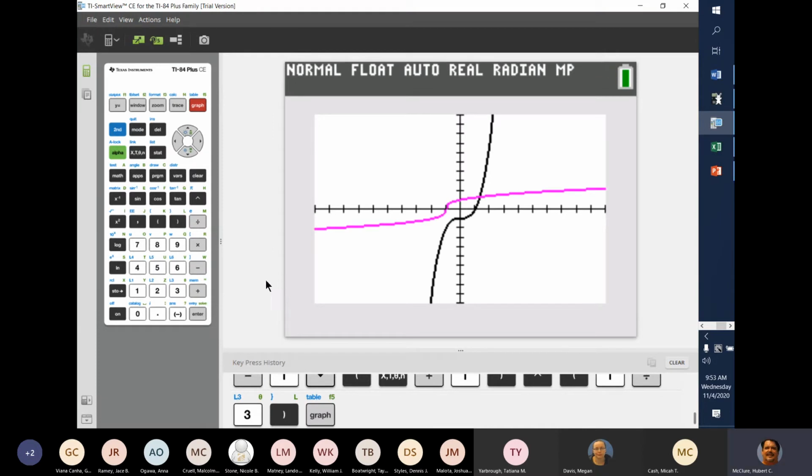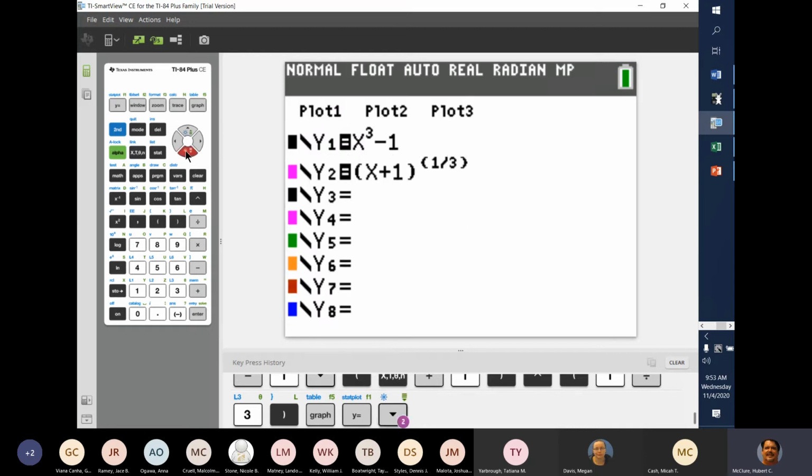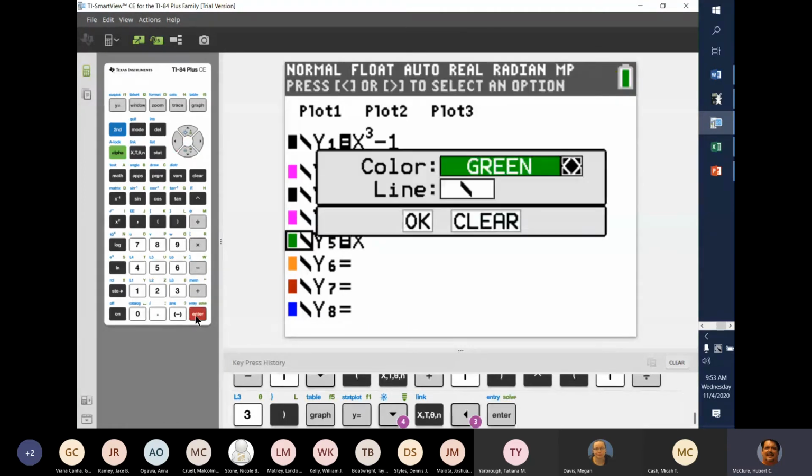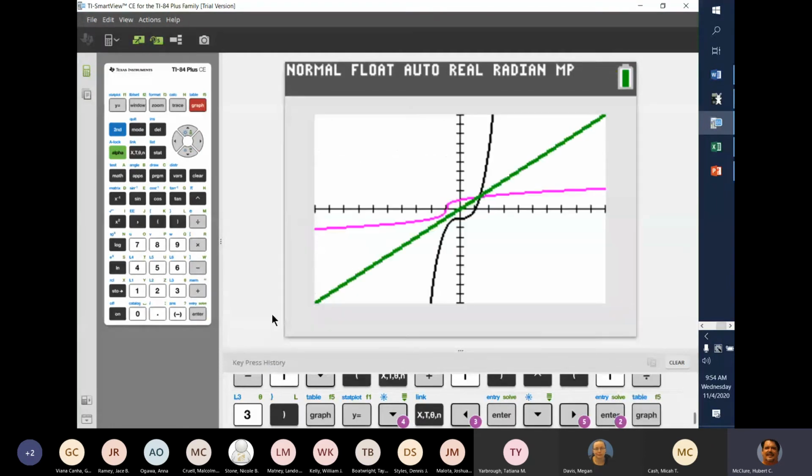If you want to check it, just put in y is equal to x, go down here to the green, and change it to a dashed line. Well, it was supposed to dash it, but it didn't. But you see that these points are mirror images of each other.